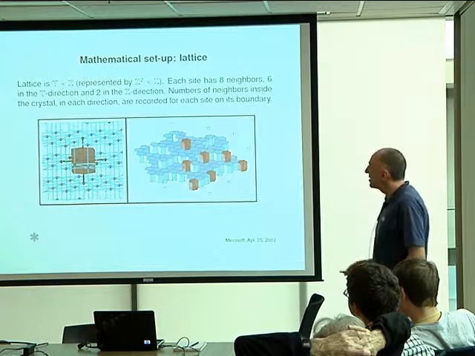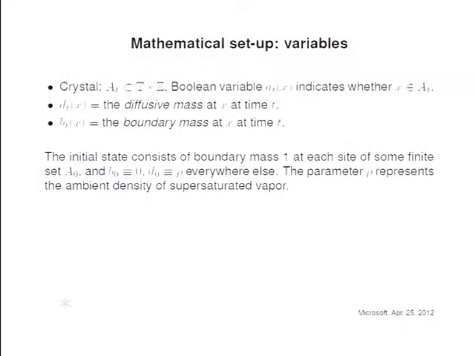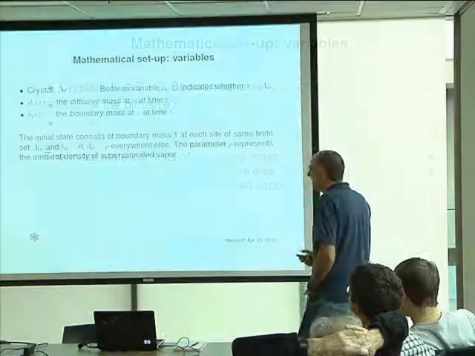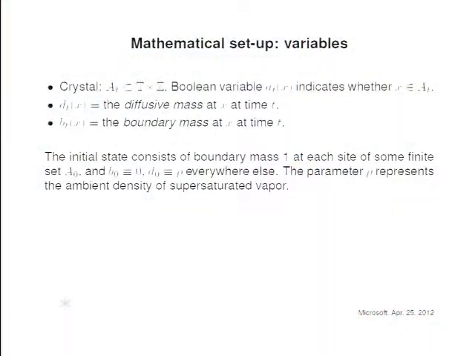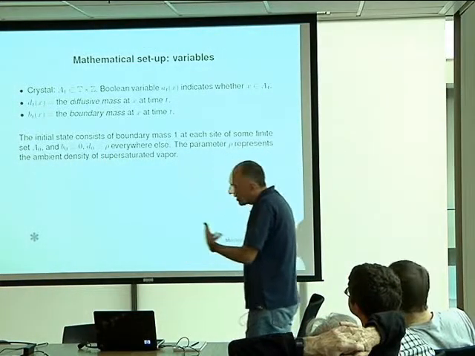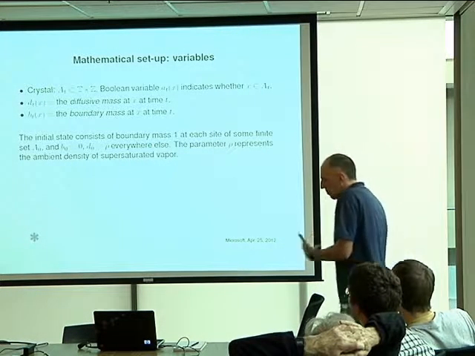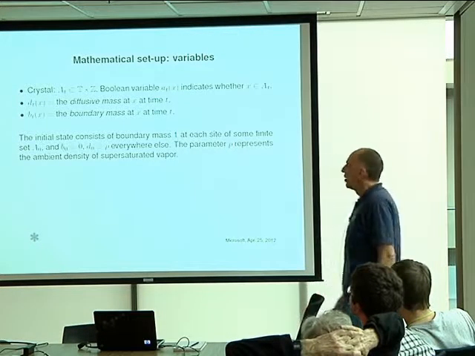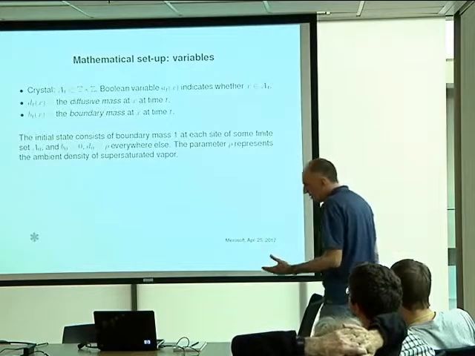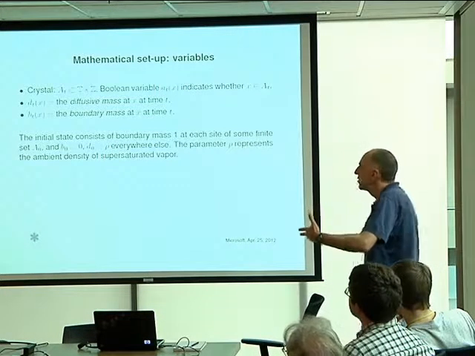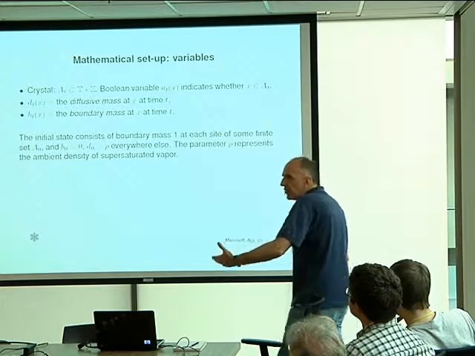So the idea is that these prisms, when they're away from the crystal, they just exchange mass by diffusion with their neighbors. When they're close to the crystal, they also contain partially frozen mass. All right? And when that partially frozen mass exceeds some threshold, they join.